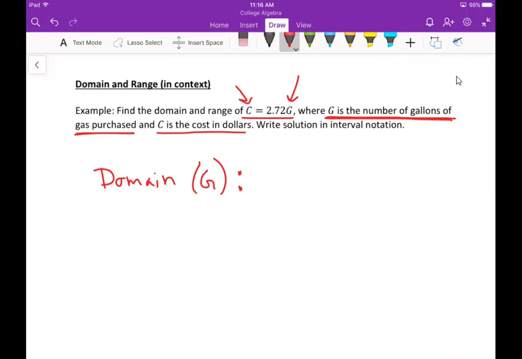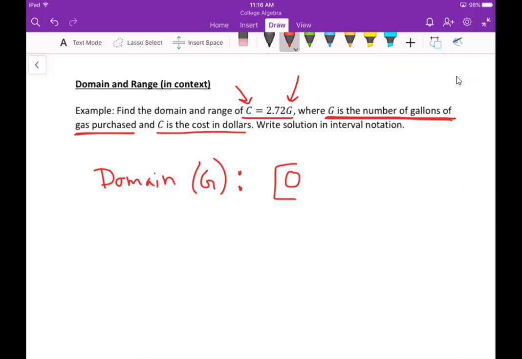So hopefully here you're recognizing that negative values would not make sense to purchase, right? I can't get a negative number of gallons of gas. I could purchase 0 gallons of gas though. And for what we're doing in these purposes, we're going to assume that gas is unlimited. Now we know that the idea behind that is a little bit crazy, but we don't know what that maximum amount of gallons would be. So we're going to assume that this goes on forever because we're not being told otherwise.